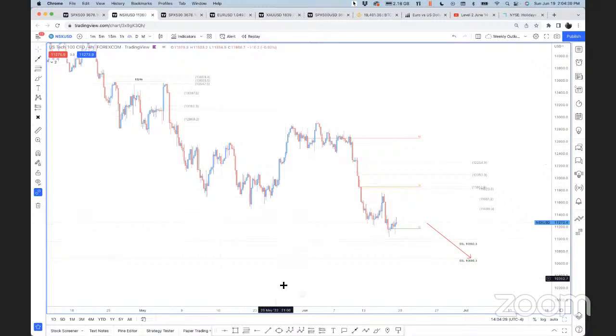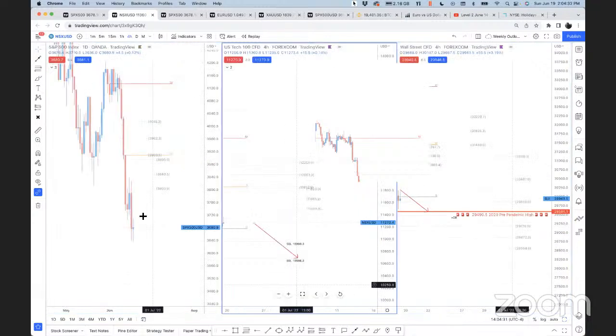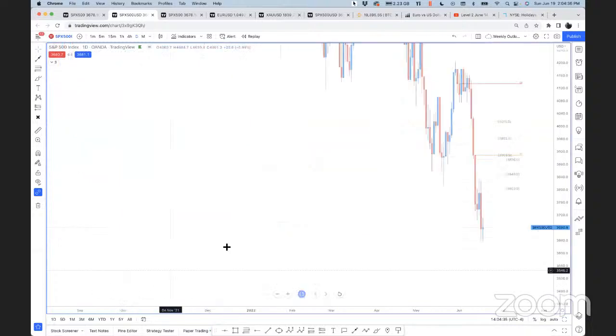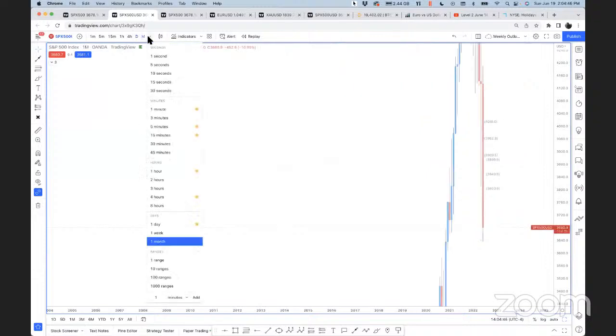And then SPX, similar situation. We're just not close to the pandemic high yet, but we're not too far off because it is within reach.